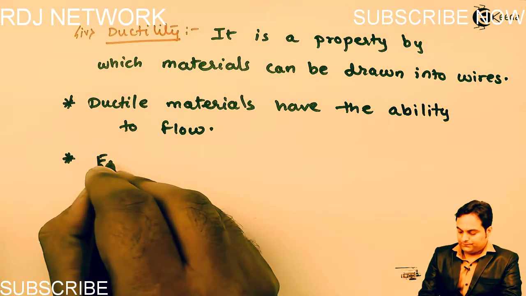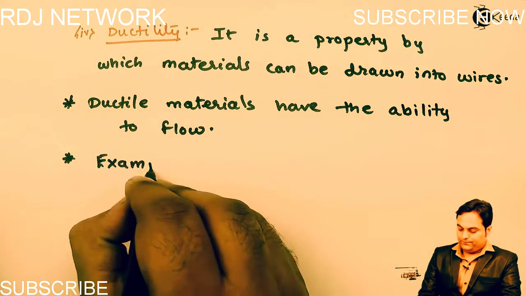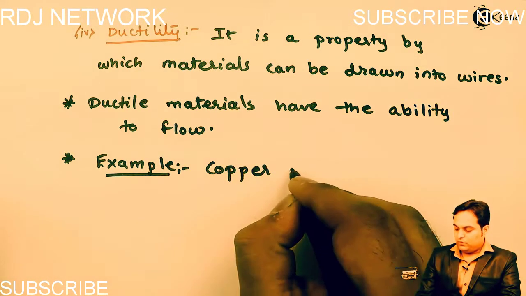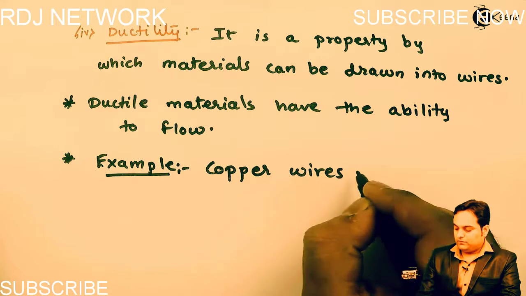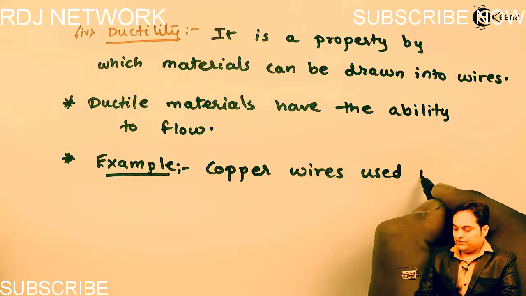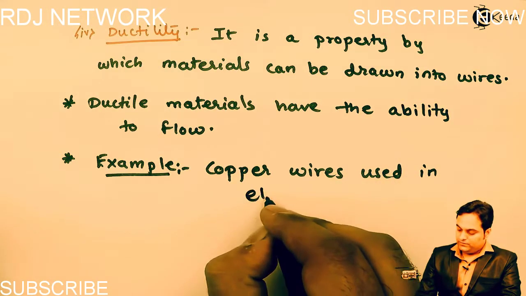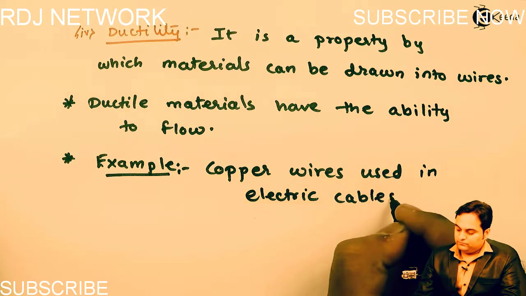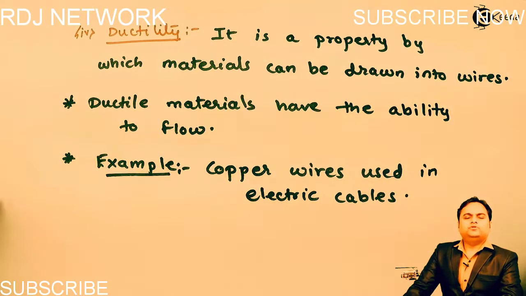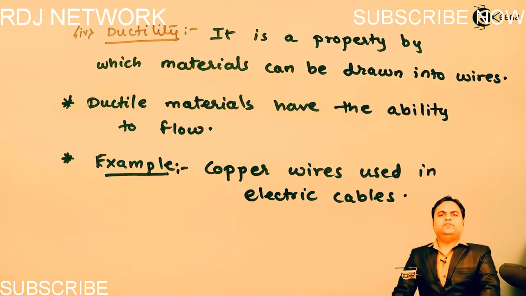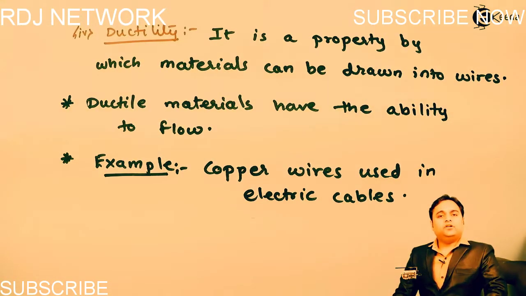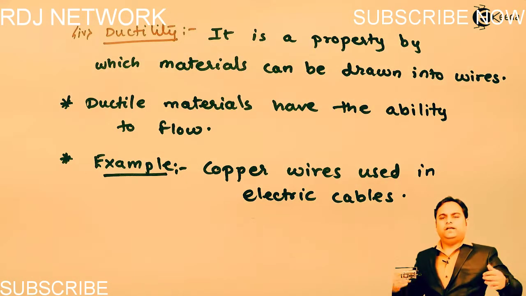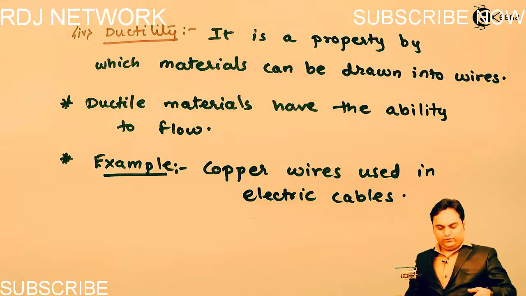Example, copper wires used in electric cables. The copper wires which we are using in electrical connections are all ductile materials because we can convert them into wires and they have the ability to flow.